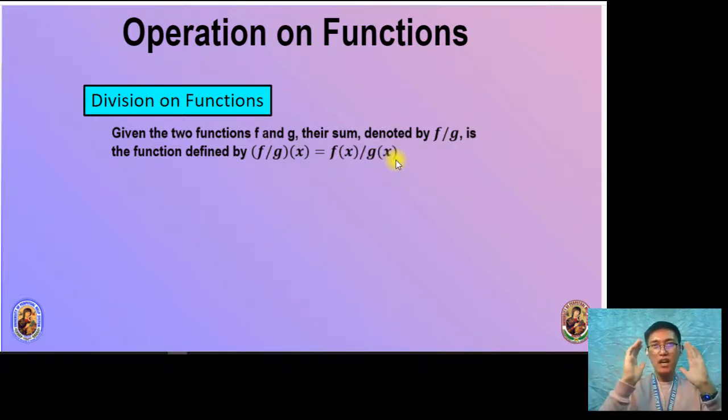What we will have to apply here is not only division, but you also review the process of factoring in your basic algebra, because factoring in terms of division on functions is the number one requirement for us to get the correct answer. We have different types of factoring.